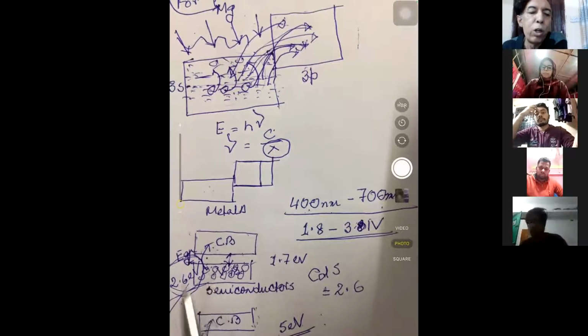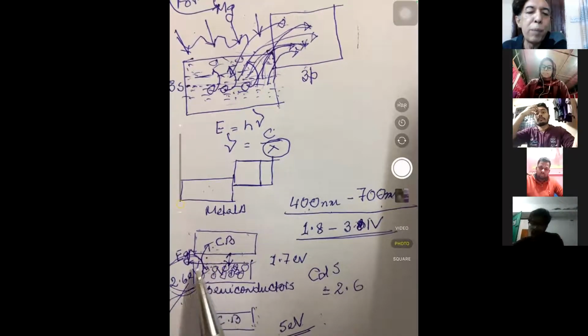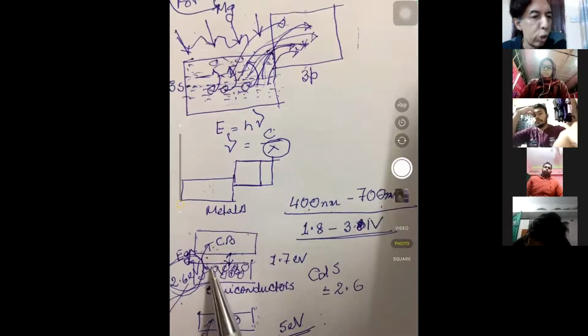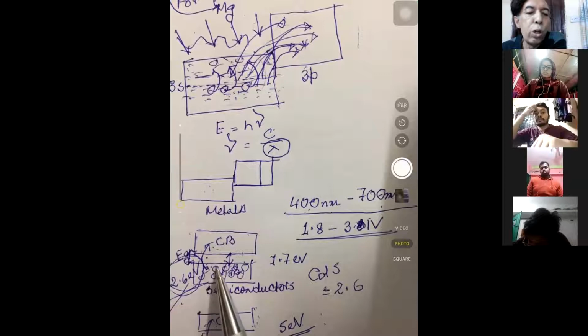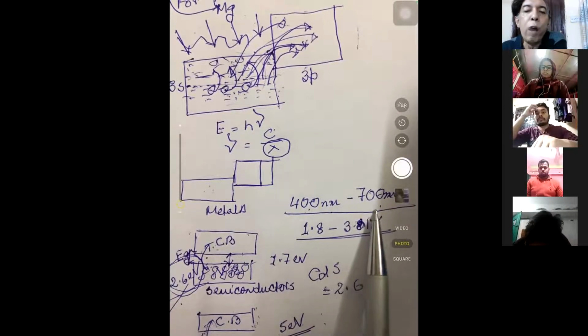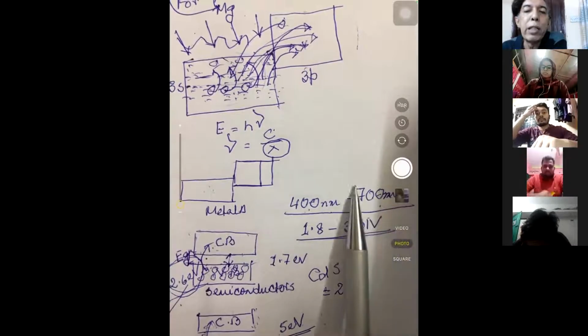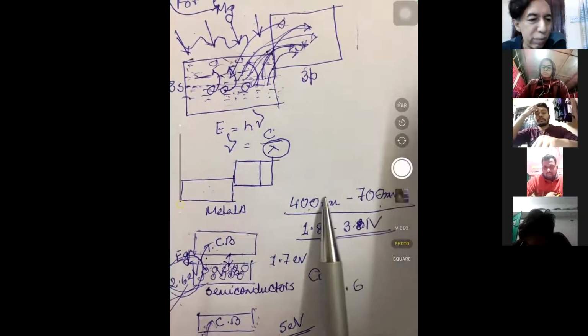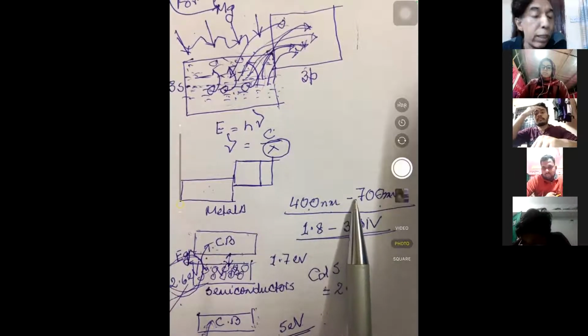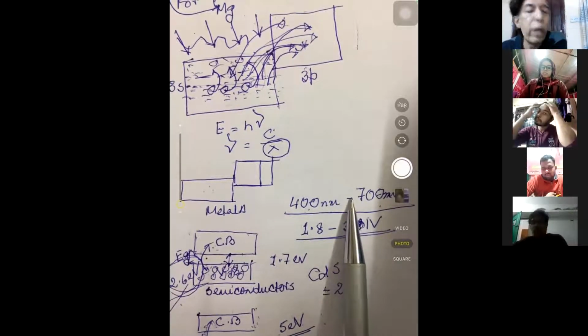Why? Because this band gap is 2.6 electron volt and he is getting energy only 1.8 electron volt. So this electron will not absorb the wave of wavelength 700 nanometer, and it will not absorb 600 either, or 500.